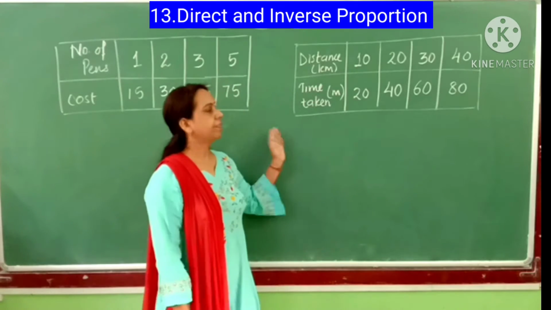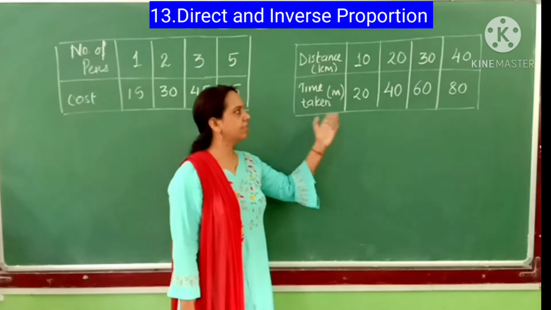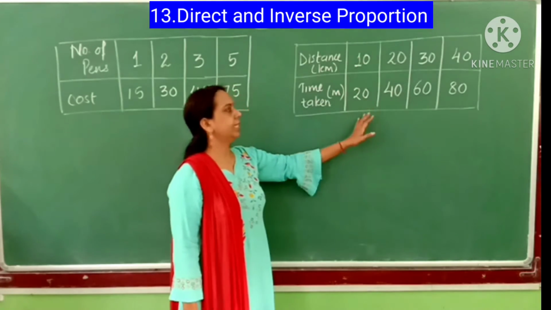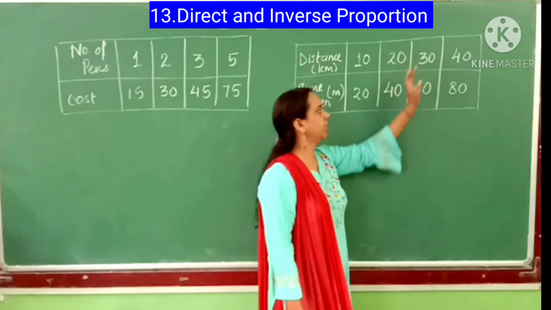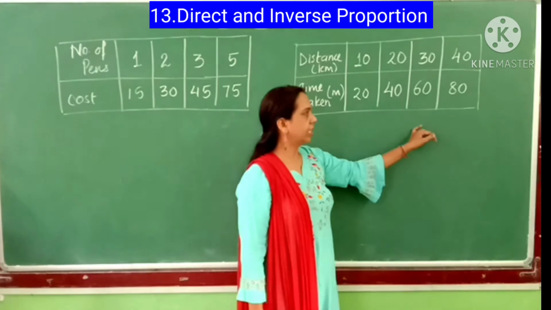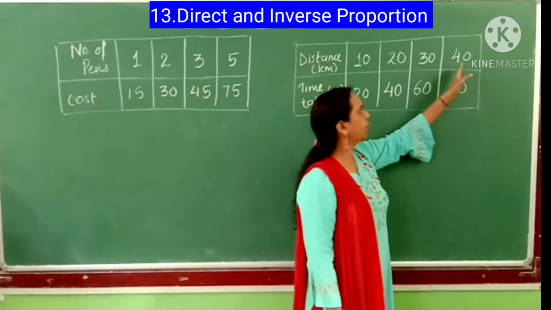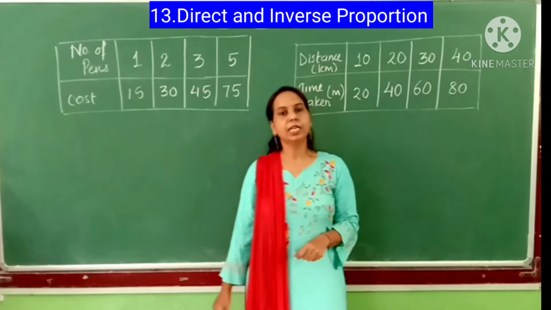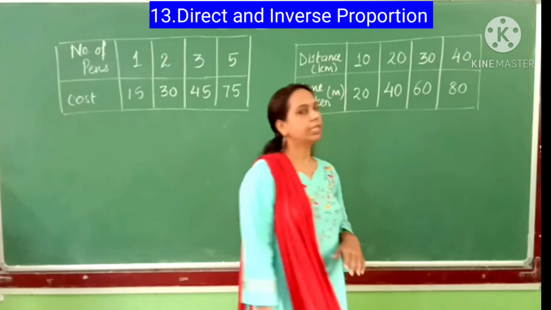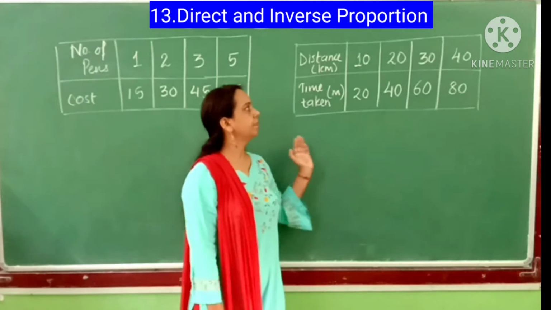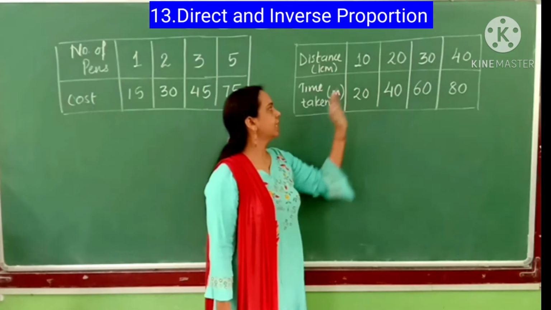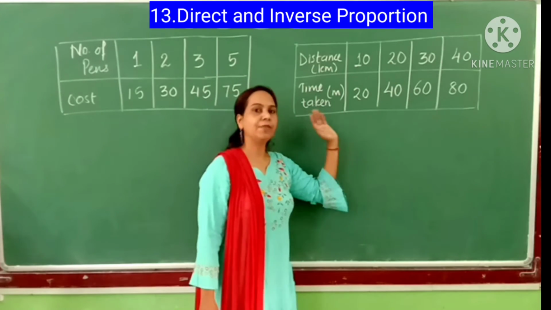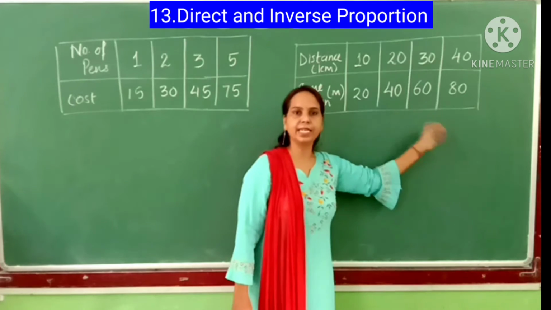So, if the speed is constant, 10 km takes 20 minutes, 20 kilometers take 40 minutes, 30 km will take 60 minutes, and 40 kilometers will take 80 minutes. Here you can see that as the distance increases, the time taken by the vehicle also increases.